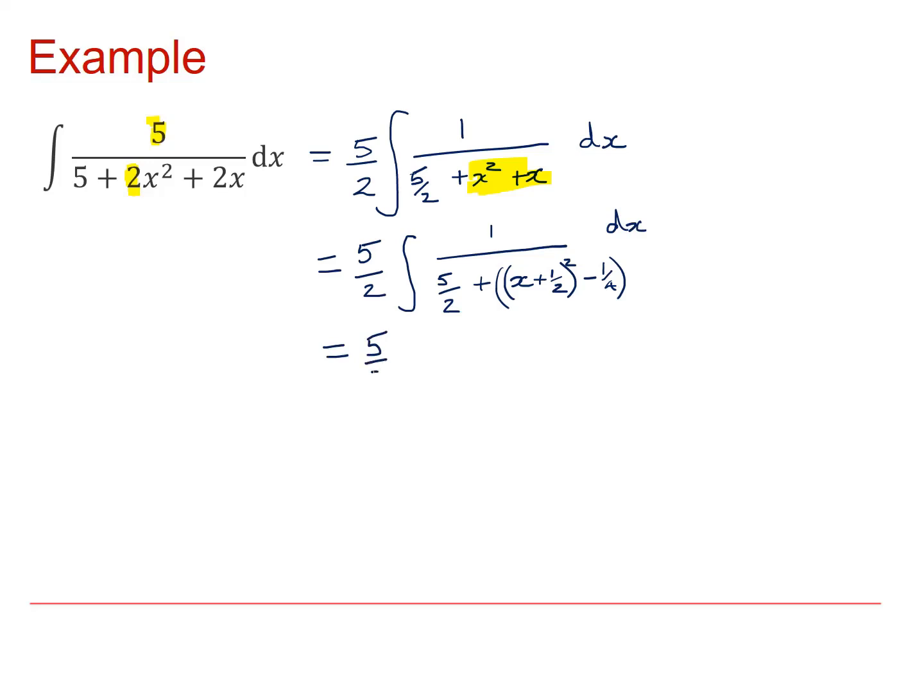And now I can release the outer set of brackets here and see what comes out. So I've got 5 over 2 minus a quarter. Well, that's 10 over 4 minus 1 over 4, which is 9 over 4, plus x plus a half squared.